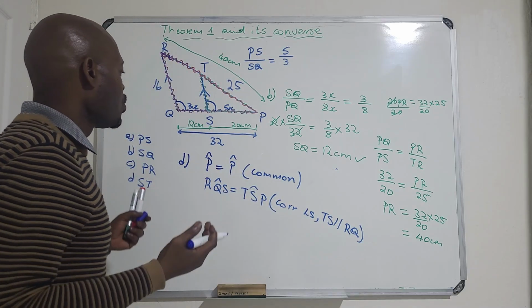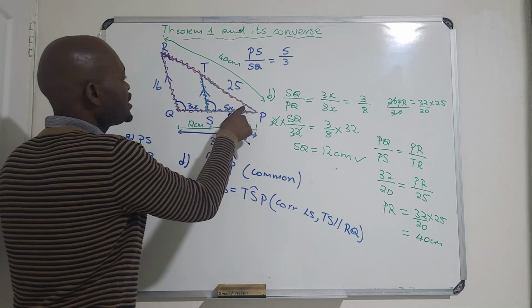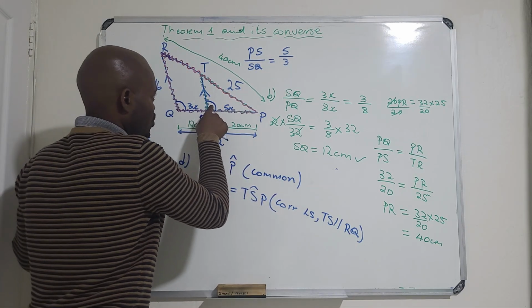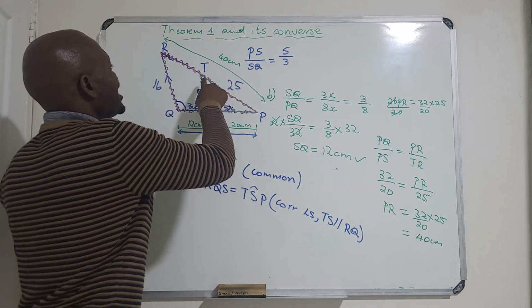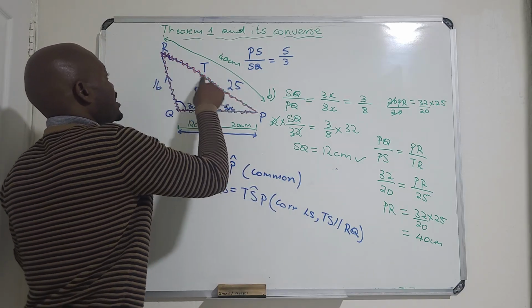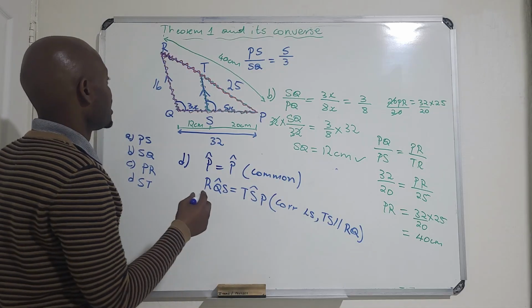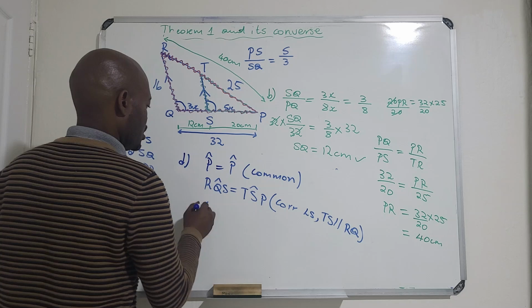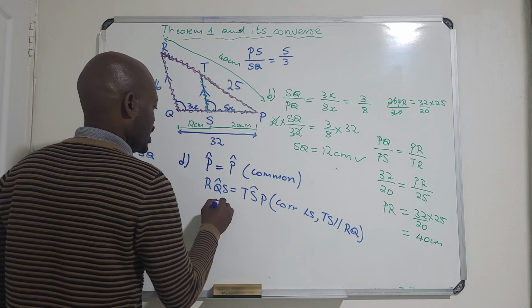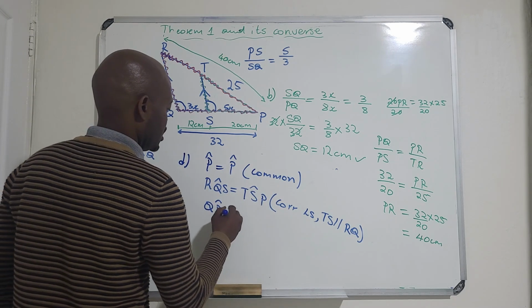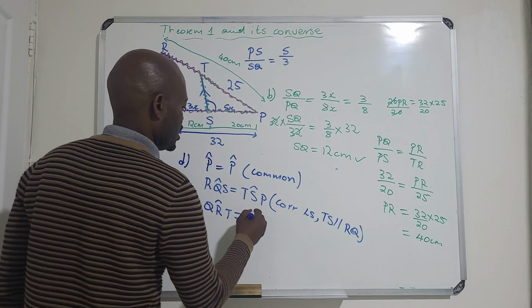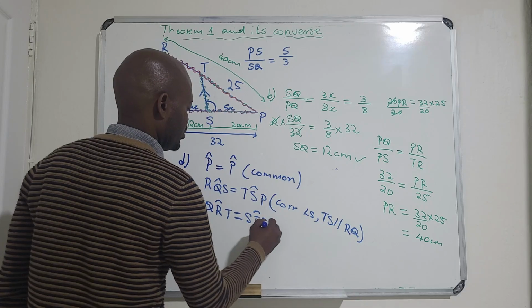We know that when this angle is equals to this angle and this angle is equals to this angle, it means that the last two angles are equal. Therefore, it means that angle QRT is equals to angle STP.